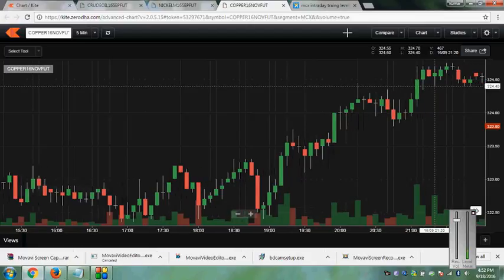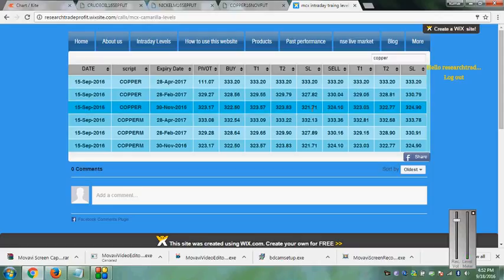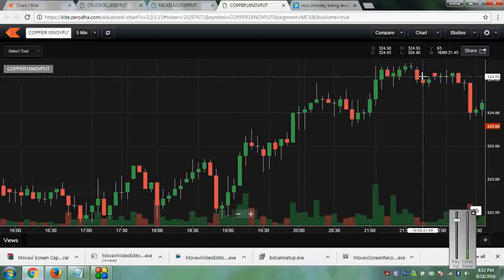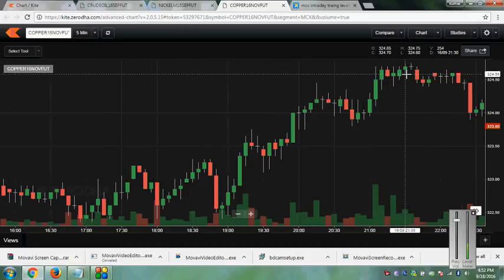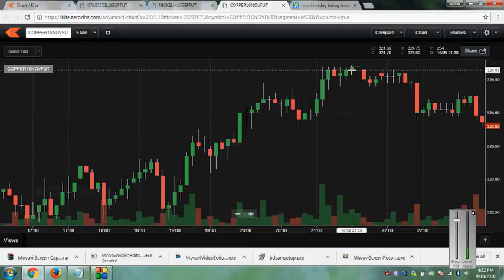Let us check the stop loss. What was our stop loss? 324.90 was our stop loss. Okay, what was this high? 323.70. Two times it made a high. 323.75 also it made a high. But the stop loss was not triggered. You can see this level, 324.75, was the day high. 324.90 was our stop loss.